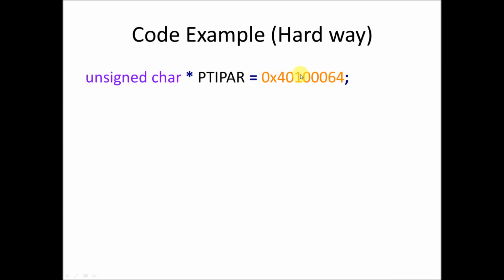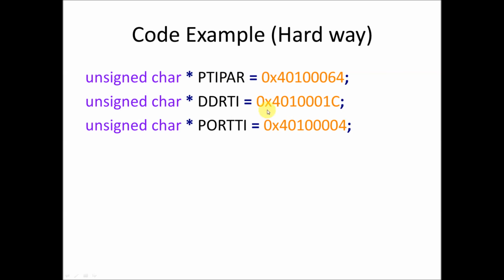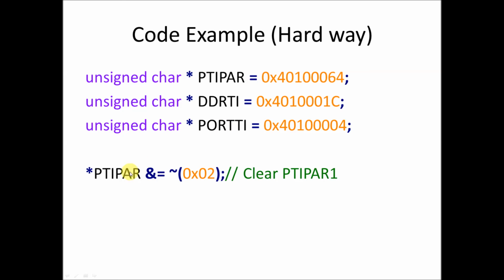So we use those numbers that we calculated to define the locations of our 3 registers. So these 3 registers all point to locations in memory. To modify that location in memory, we have to dereference the register, and then we can do whatever we want to it. So the star here dereferences the register and allows us to access the memory at that location.